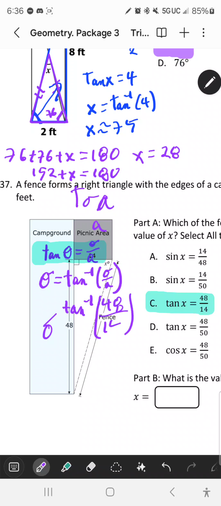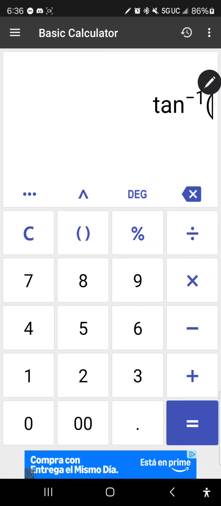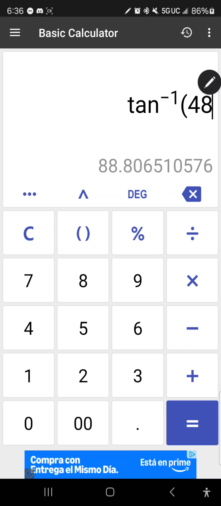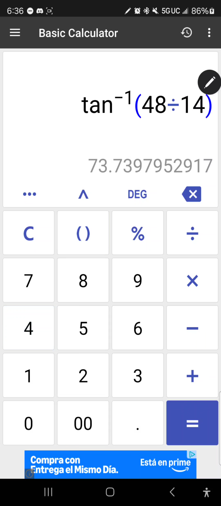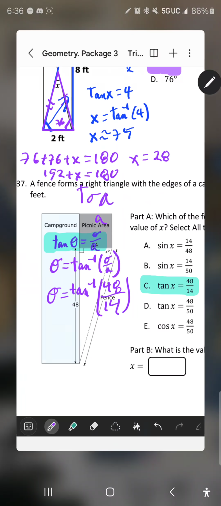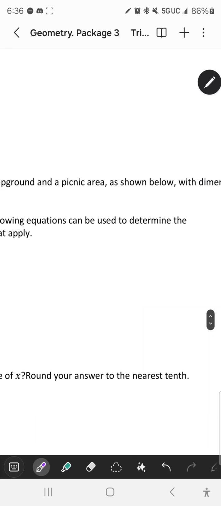Now, to know the value, we keep calculating, and we get the angle equals tangent negative 1 of 48 over 14. And the angle is about 74. Oh, they say round to the nearest tenth.